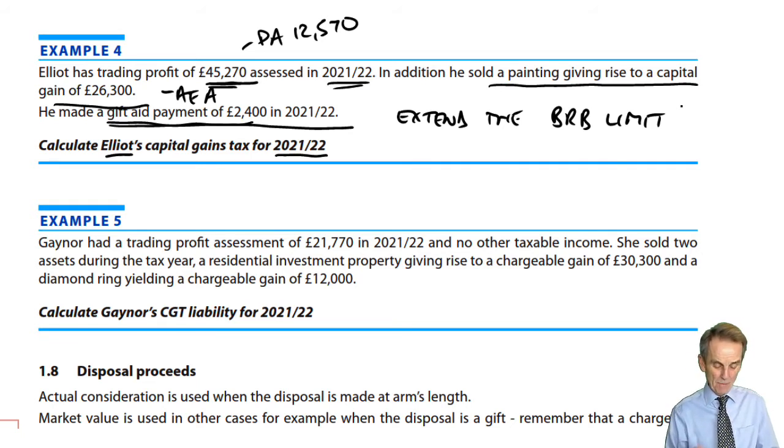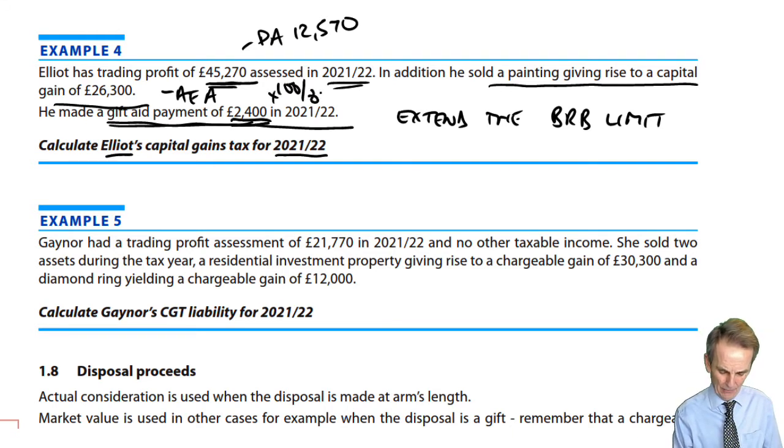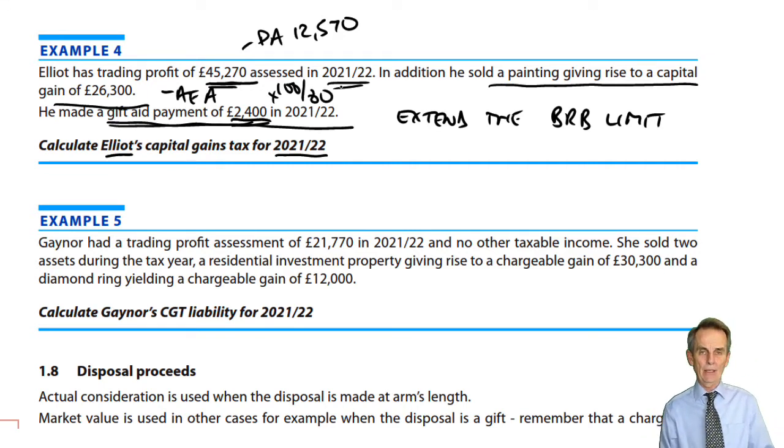Now, we're told we made a gift aid payment. That is what we actually paid, 2,400. So you'll need to gross that up times 100 over 80 and then extend the basic rate band limit, the 37,700, by that gross figure. Now, it didn't matter on the income tax computation because the taxable income, as we've just said, would have been below 37,700. So it wasn't relevant on the income tax computation, the existence of that gift aid payment.